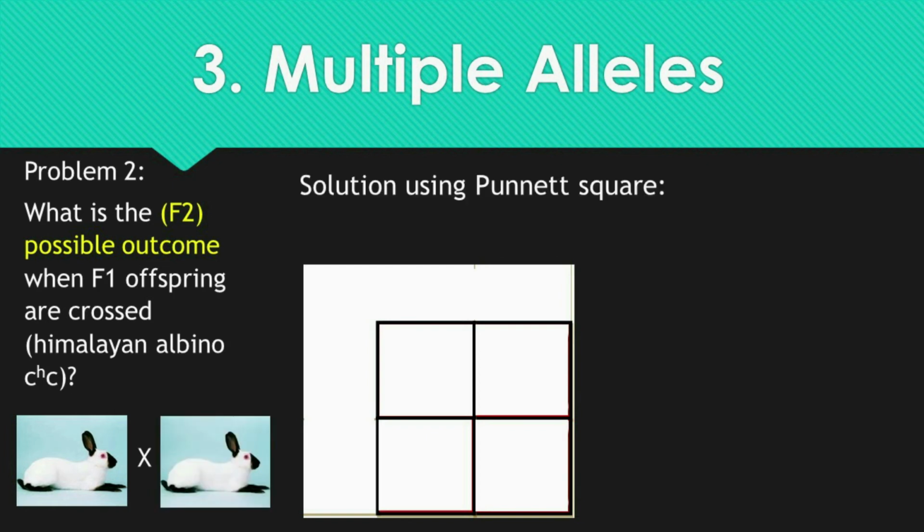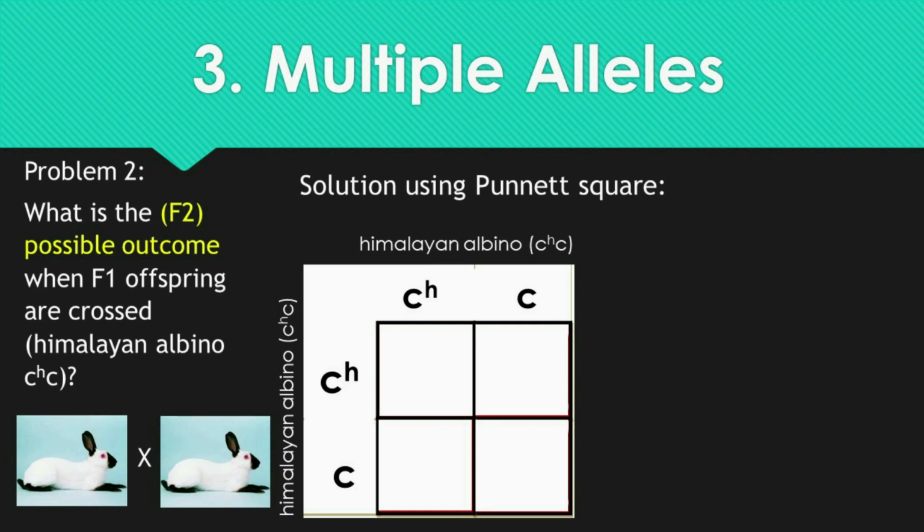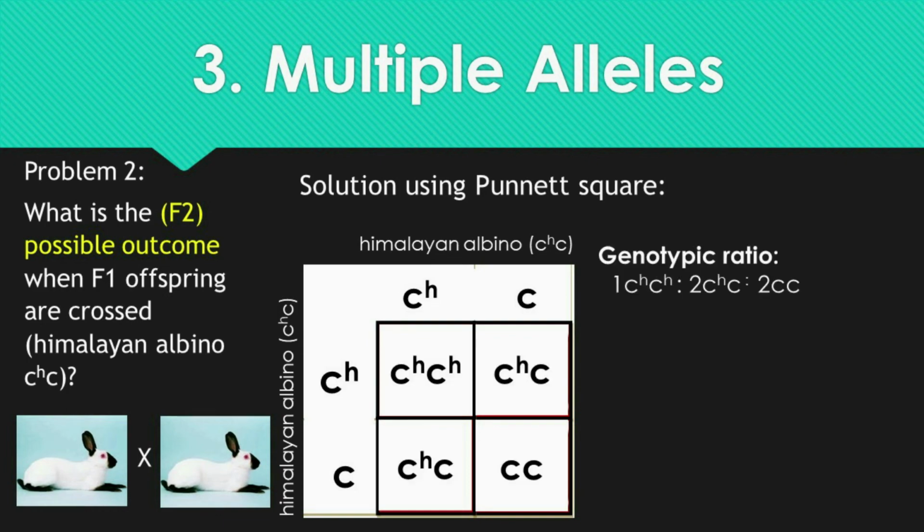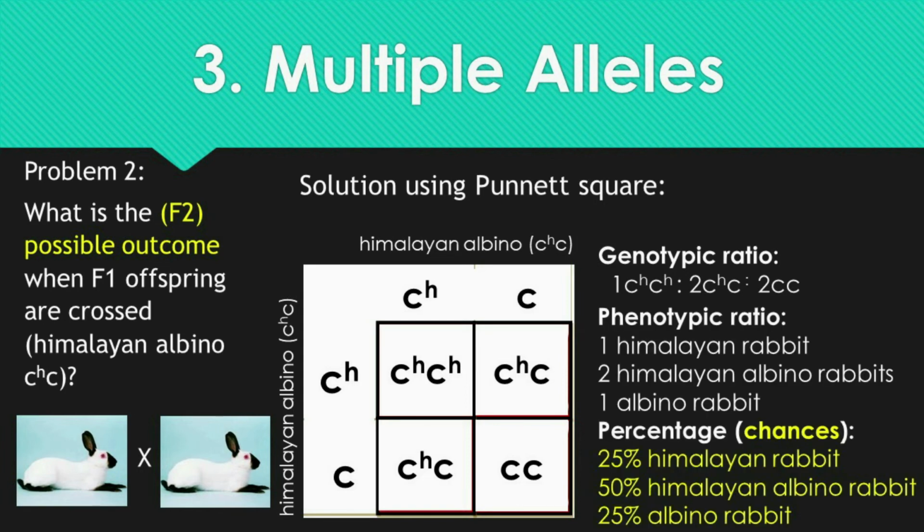To determine the outcome, we use the Punnett square. And the answer is, chances are 25% Himalayan rabbit, 50% Himalayan albino rabbit, and 25% albino rabbit.